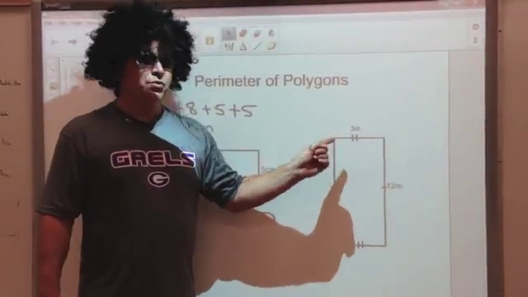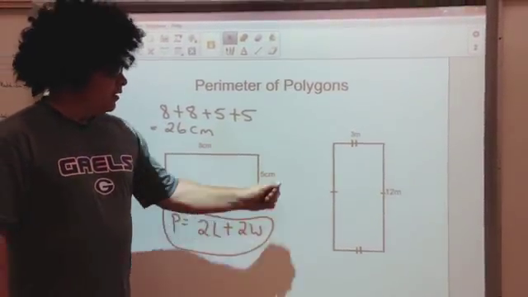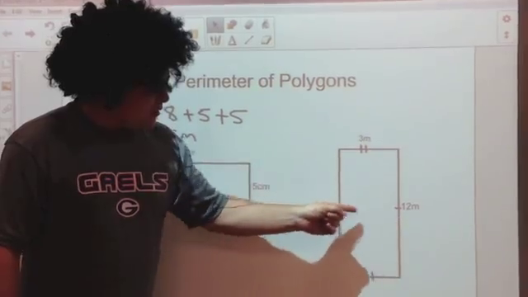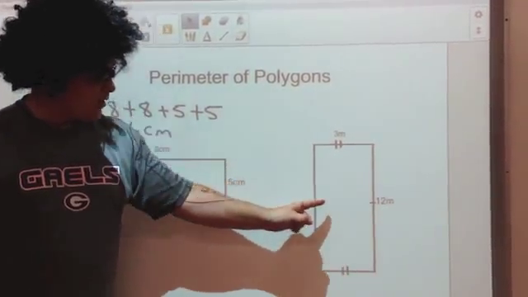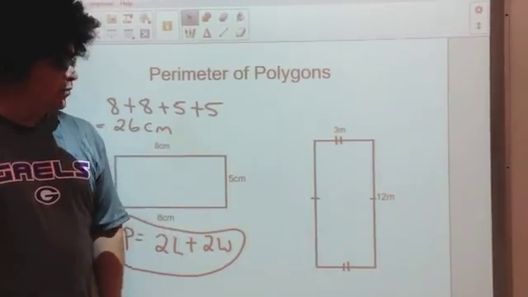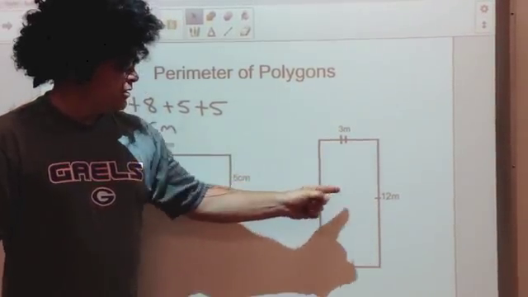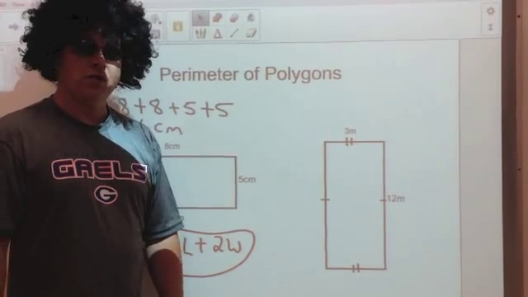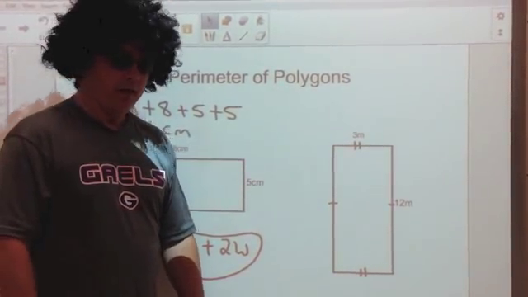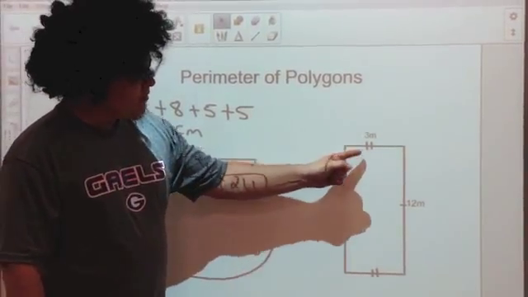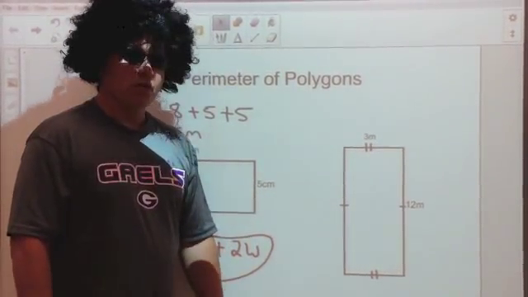You take a look over here. This time there's only 2 measurements put on, but you'll see these little lines. So across from the length here, we have a 1 dash and another single dash. And what that means is if you see single dashes, anything with the single dash means that they are the same. Anything with the 2 dashes means those two are the same.